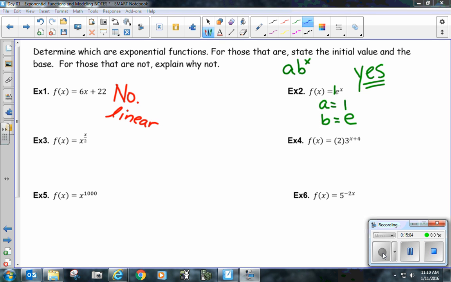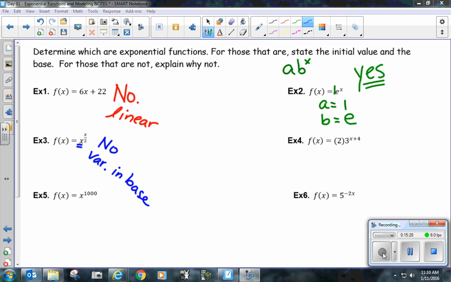I see the exponent is a variable, but guess what? So is the base. This is no, because there's a variable in the base. For a function to be exponential, the variable has to be in the exponent only. That's where you get the term exponential. It's an exponent.